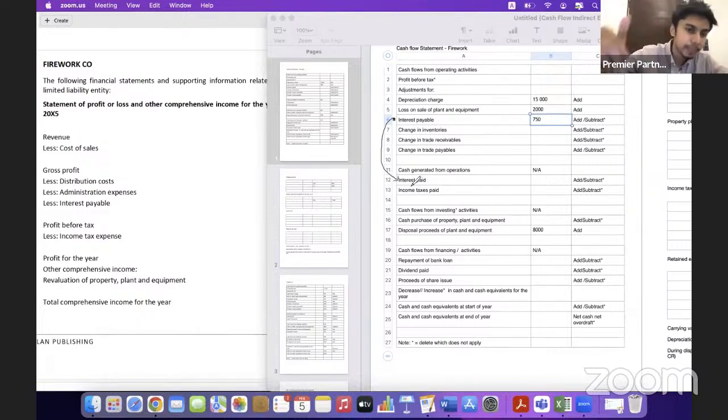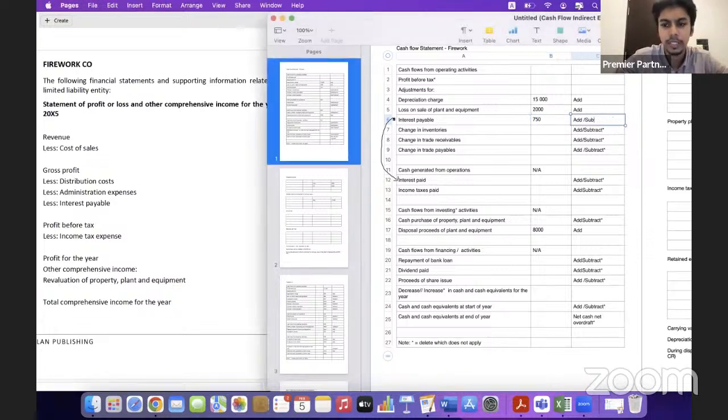Interest should be separately shown under cash generated from operation. That's the reason why interest we are showing it again. And you must be thinking, okay, interest we are marking here. So guys, interest is an expense. No? So all expenses, what do we do inside adjustments? Opposite, we have to add. So therefore, guys, I'll take this over here. Interest, I'll delete the word subtract. Only will keep the word add.